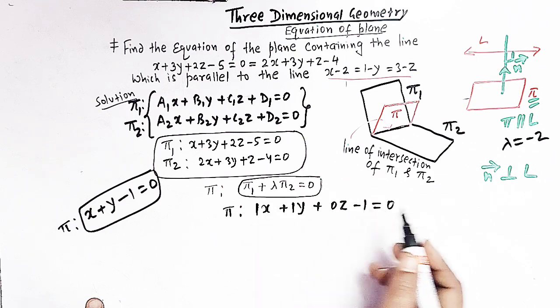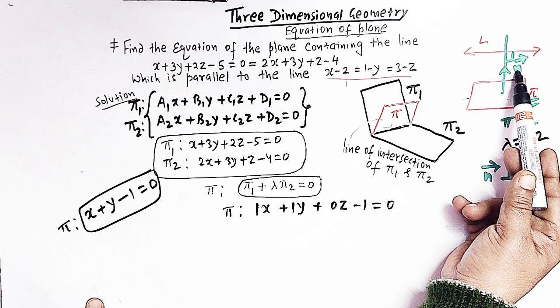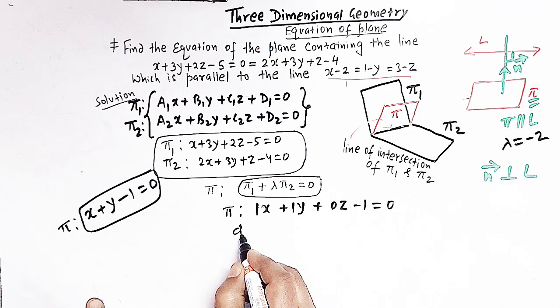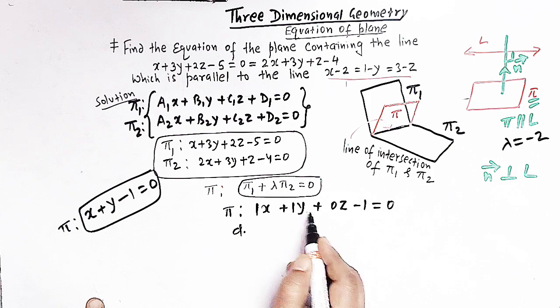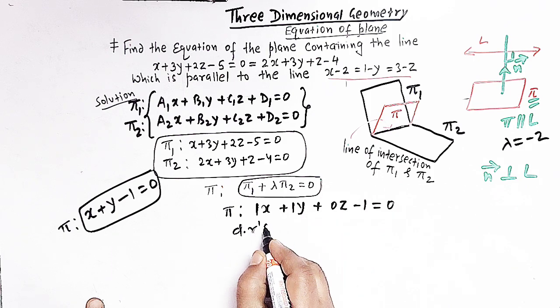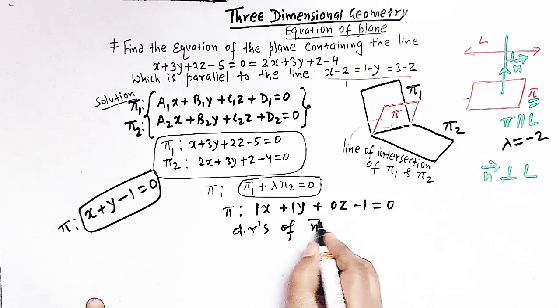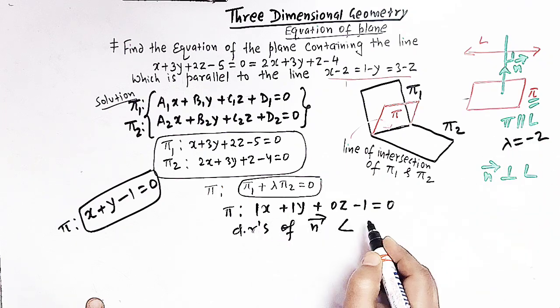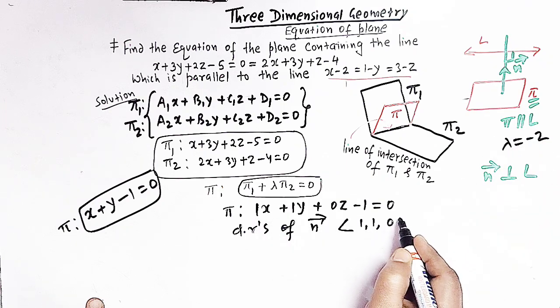So now the direction ratios of the normal vector to this plane pi are given by the coefficients of x, y, and z. So the direction ratios of the normal vector to this plane pi are given by 1, 1, and 0.